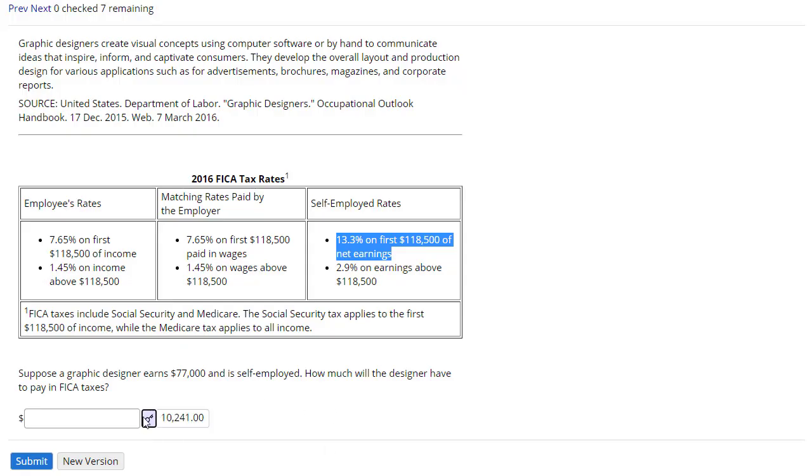Remember in math, you always make it a decimal. So 13.3%, I would multiply by 0.133, and that's going to come out to be 10,241. We don't even really have to round because it comes out to be a nice even number. And if we go back to the problem, we see that is the answer, 10,241.